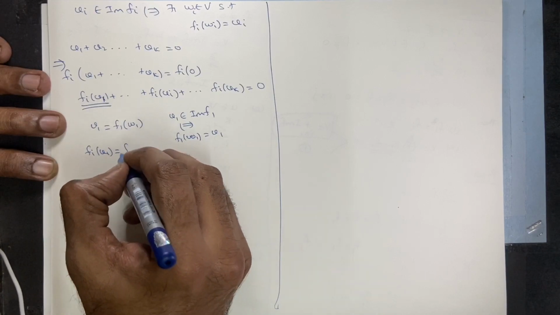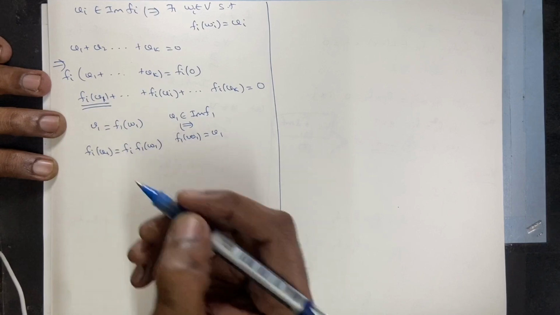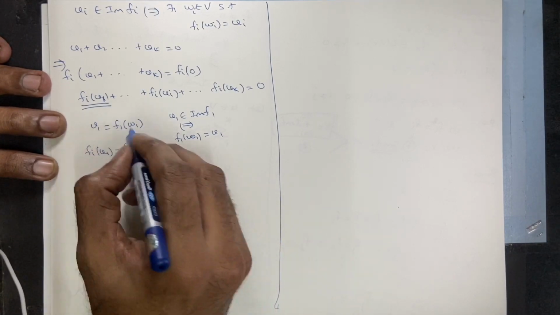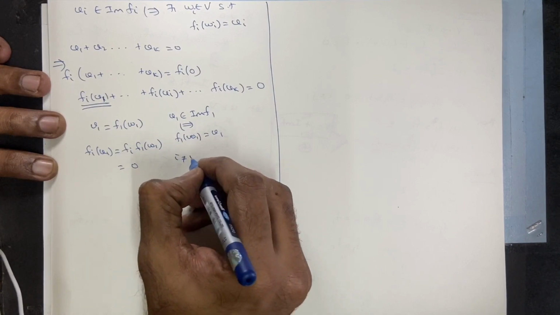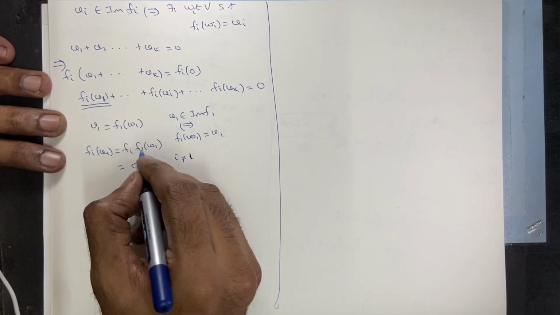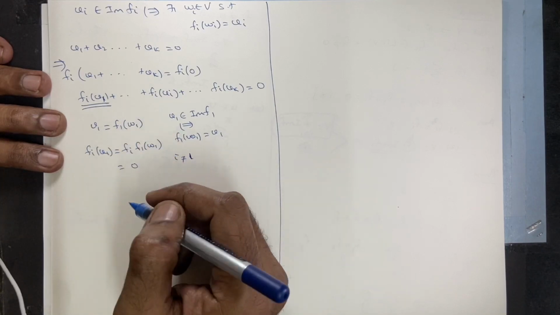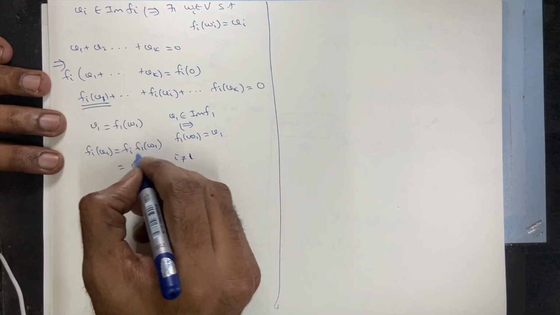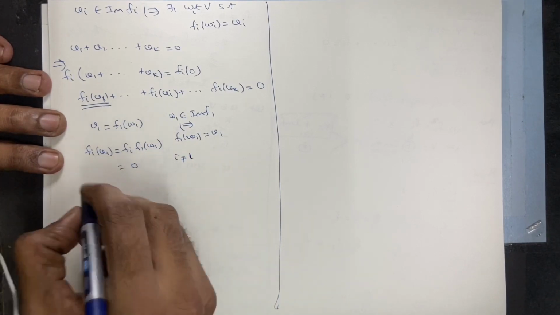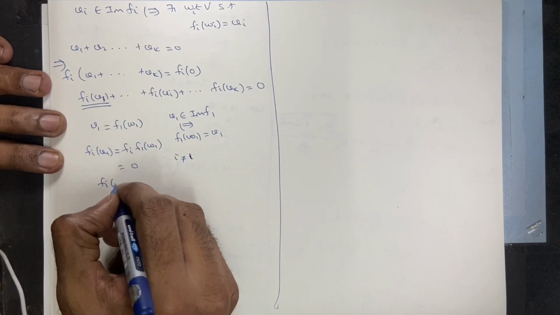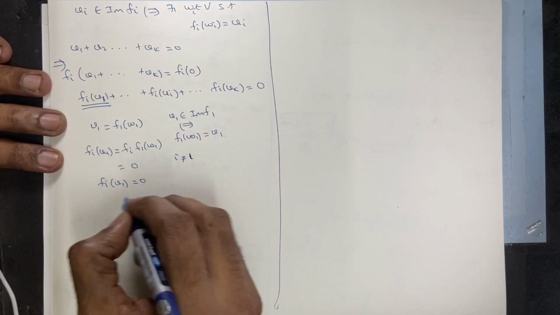Fi of V1 is nothing but Fi of F1 of W1. This is 0, because if i is not equal to 1, Fi composition Fj is 0. That's what we assumed as the second sufficient condition. So this Fi of V1 is 0, and the same argument will be true for all.